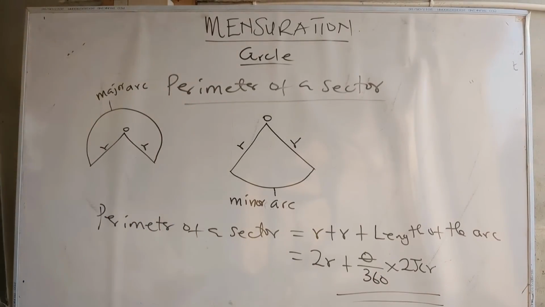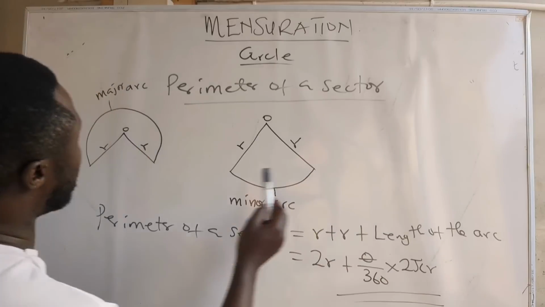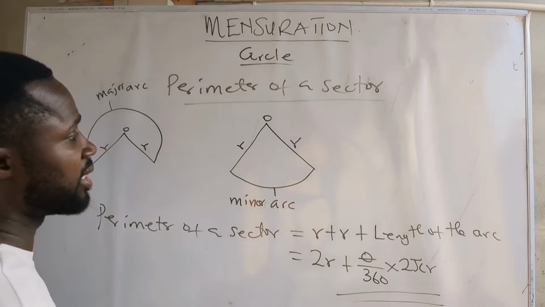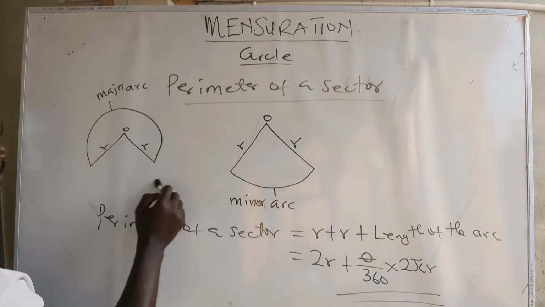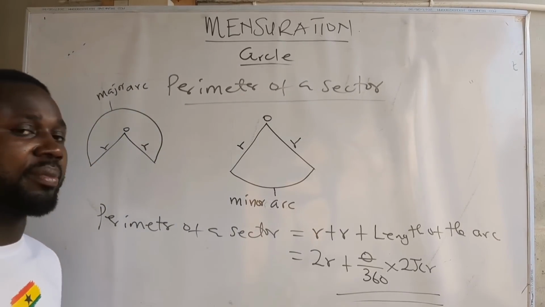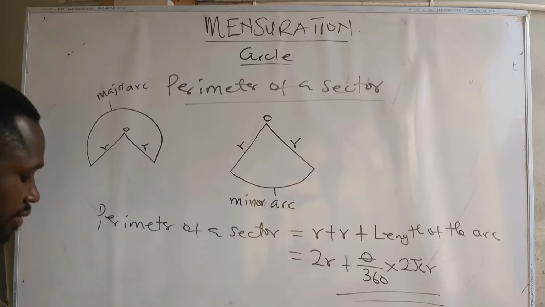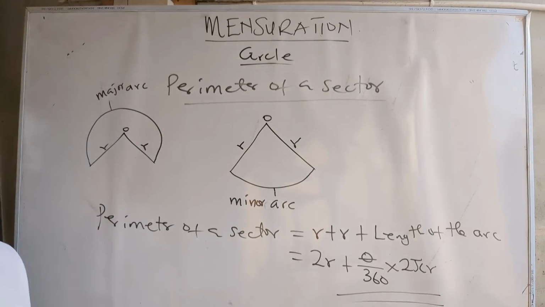This 2 pi r gives the length of the arc, because the 2 radii plus the length of the arc give me the perimeter, that is the distance around the figure. So this is about the perimeter of a sector.